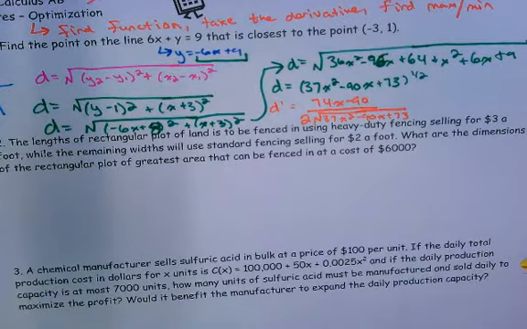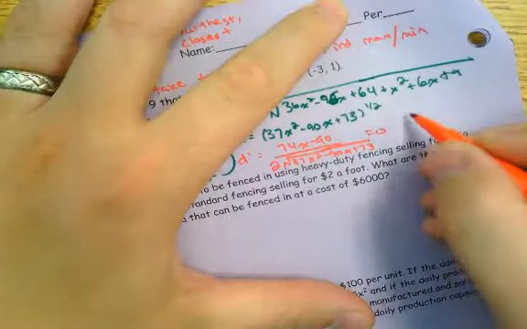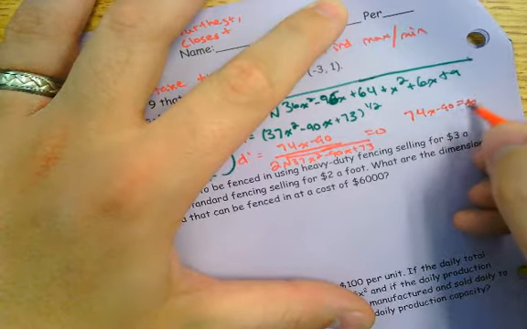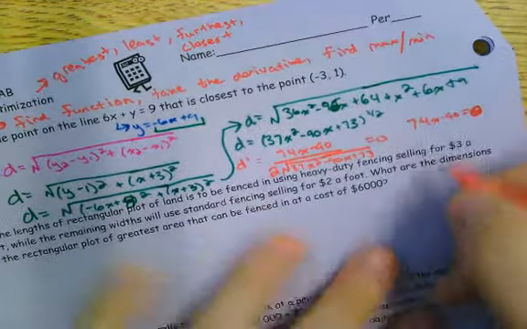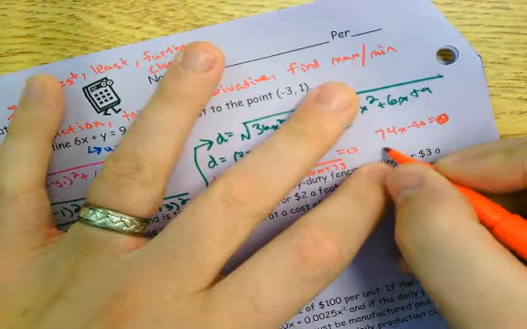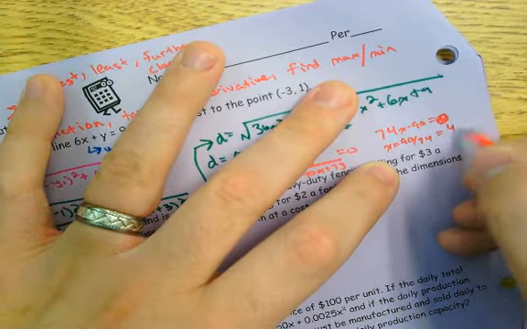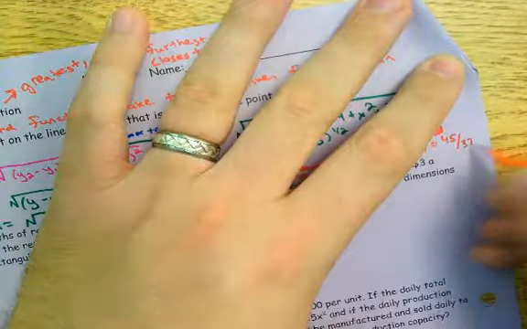I want relative maxes or mins, or endpoints that are important to me. So I only care about the top. So when we set this equal to 0, I'm just going to get 74x minus 90 equals 0. So x equals 90 over 74, which is 45 over 37.